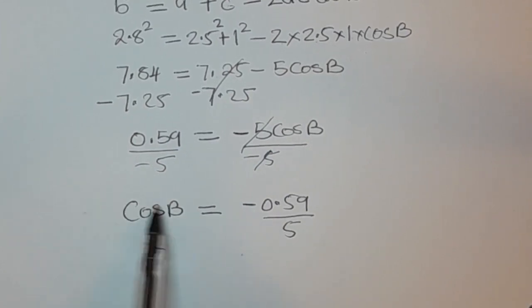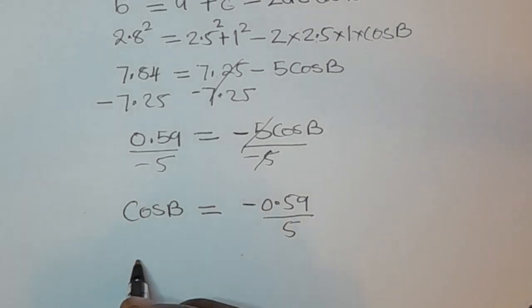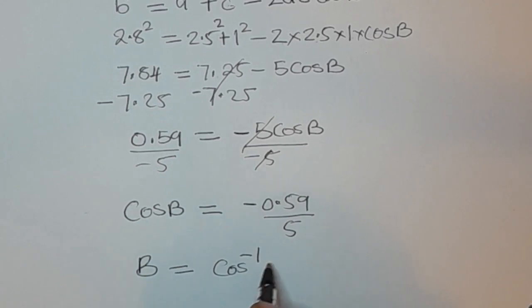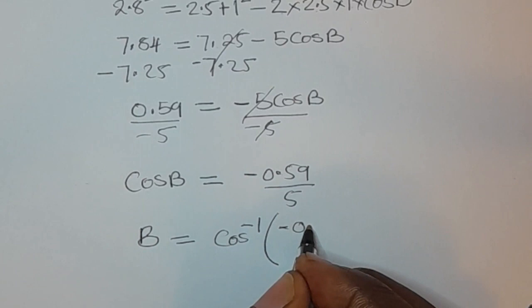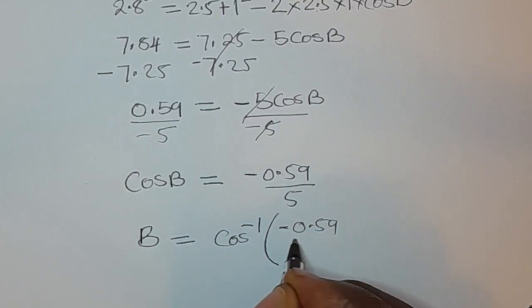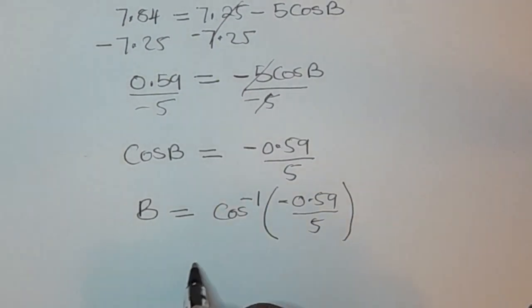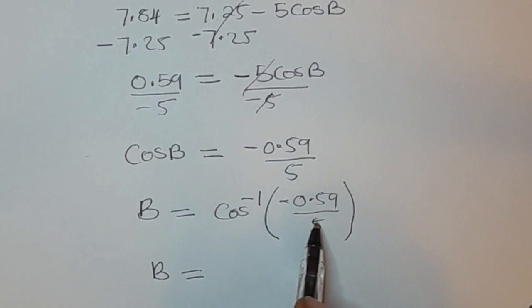When we take cos inverse on both sides, the cos and the cos inverse will cancel. So what will remain is B is equal to cos inverse of negative 0.59 over 5.